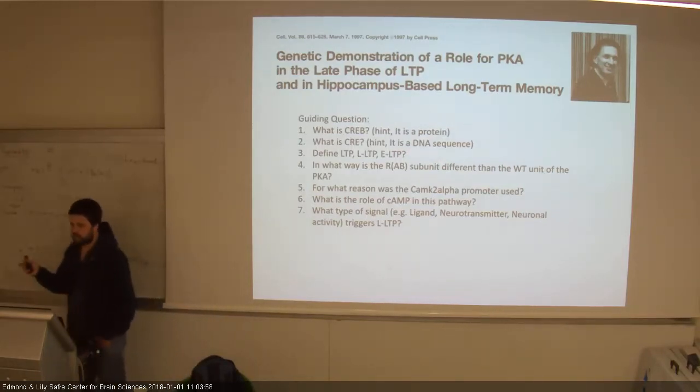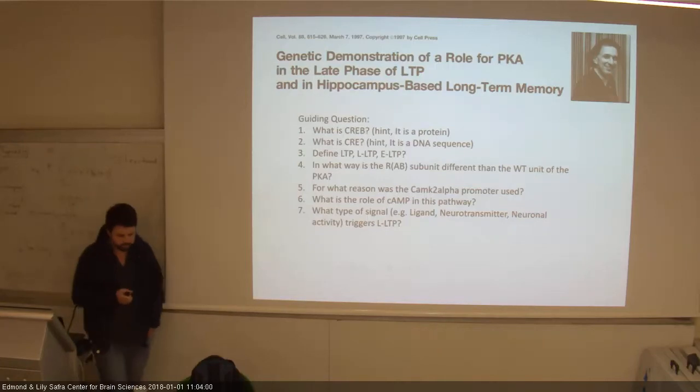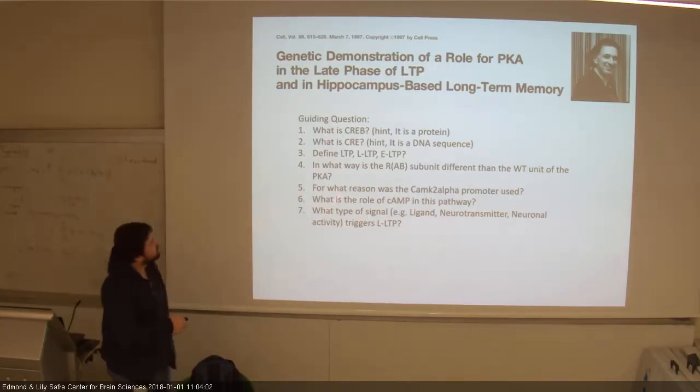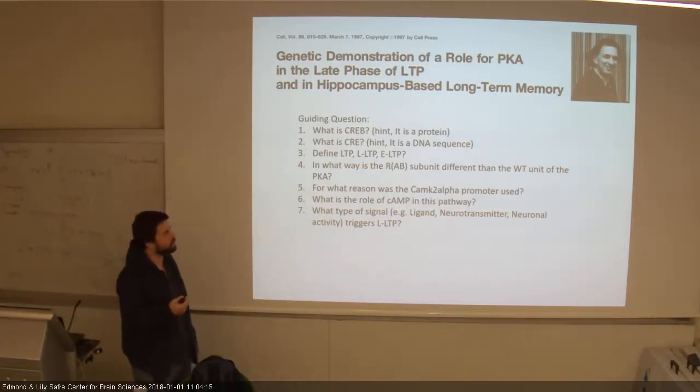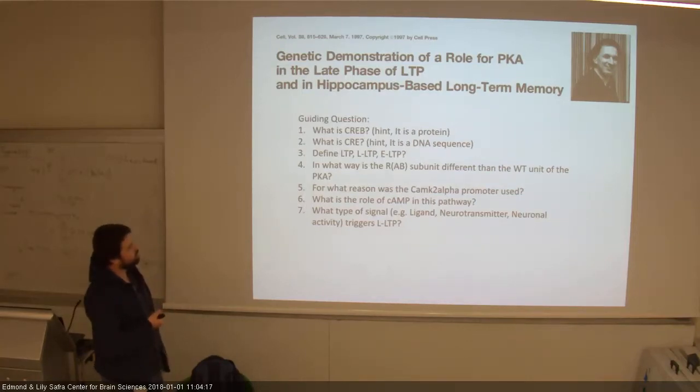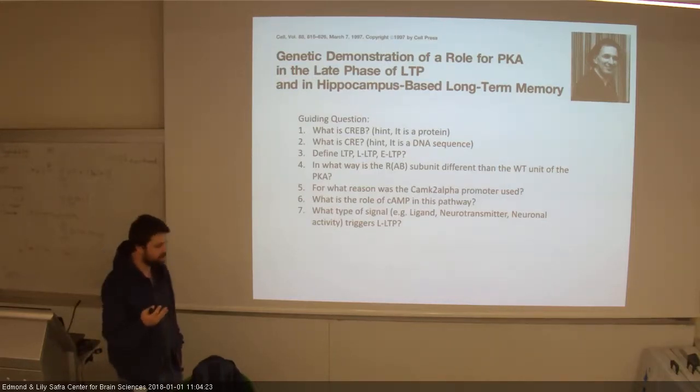It's a regulatory element that the cyclic AMP responsive element binding protein, which is CREB, knows how to bind to, and it can induce the transcription of genes. So it's sitting in the promoter regions of certain genes, and this is actually something that we see more and more today.